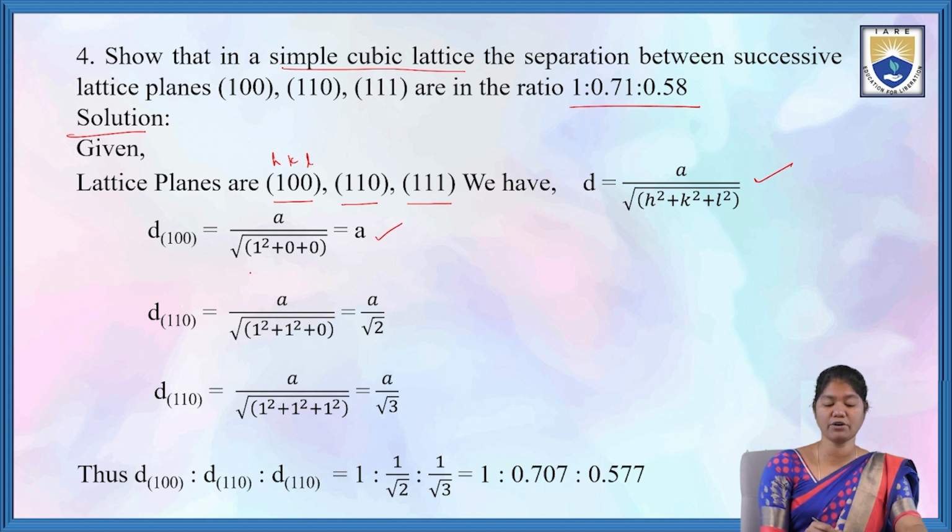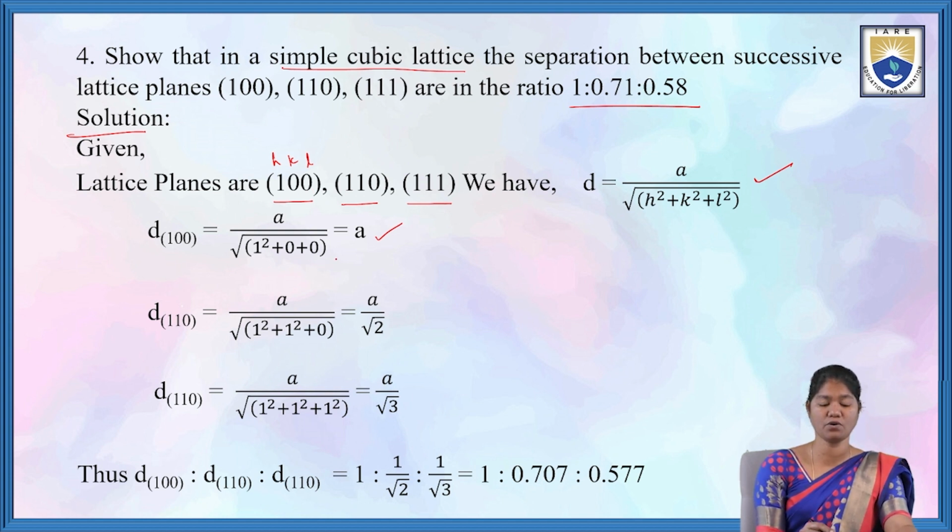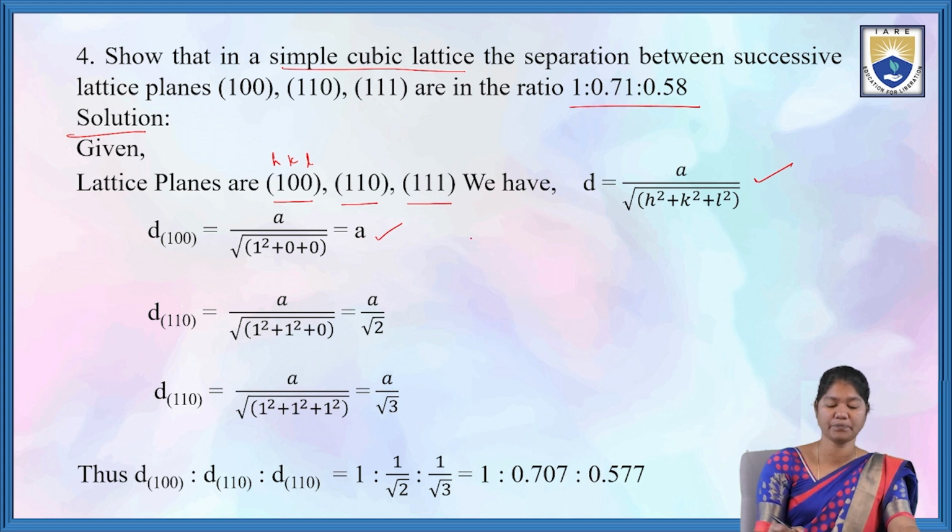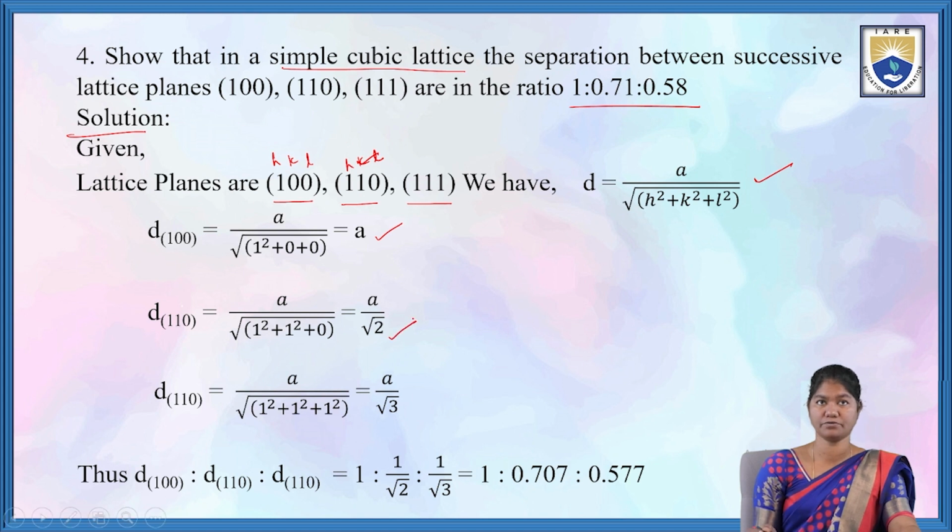Substituting, A by root of 1 square plus 0 plus 0, so A by root 1, which is equal to A. For the second plane, D110, H is 1, K is 1 and L is 0. So A by root of 1 square plus 1 square plus 0, which is equal to A by root 2.